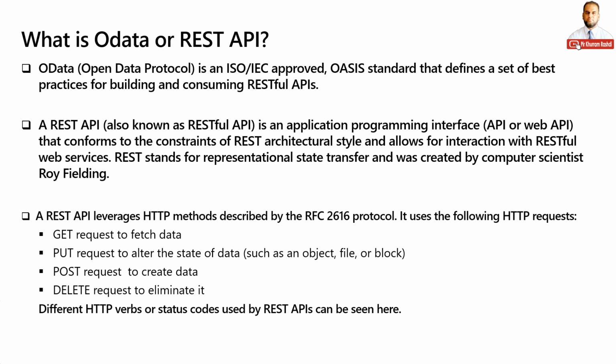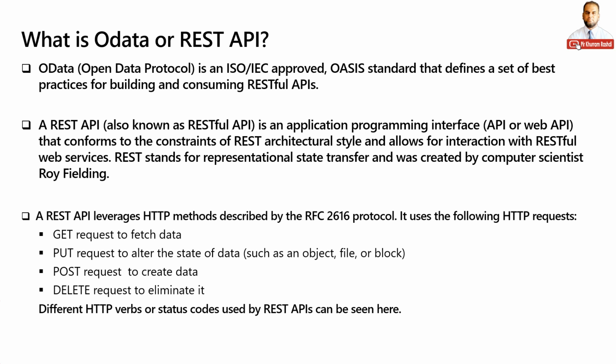A REST API leverages HTTP methods which are described by the RFC 2616 protocol, and it uses the following HTTP requests, which again are CRUD operations: get, put, post, delete.